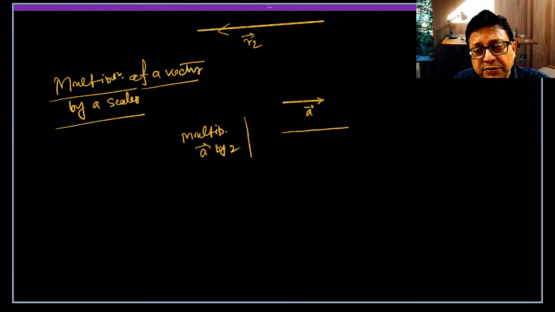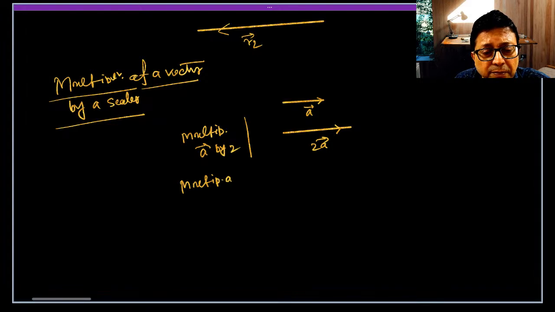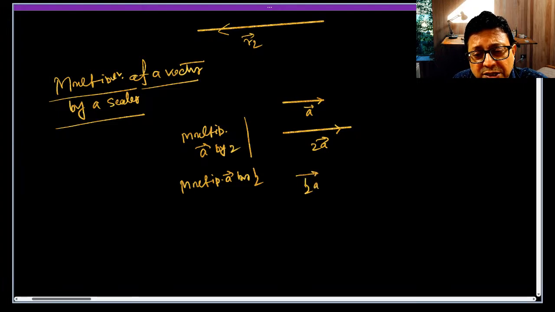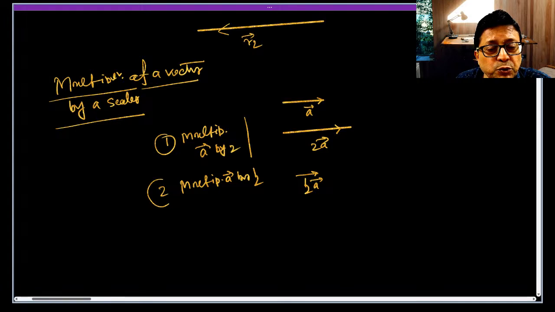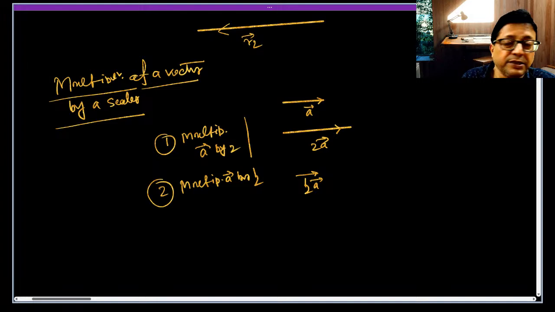We will get a vector which is 2A. This vector is 2A. Multiplying A by half, what do you get? It's a vector in the same direction, but the magnitude is half of this. In this case, the magnitude was doubled. So in step 1 we have multiplied by 2, in step 2 we have multiplied by half. Then you get half a vector.